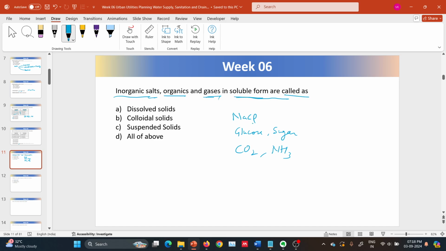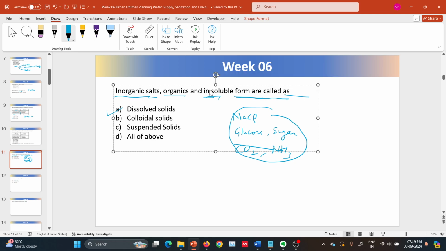If we exclude the gases, these are called dissolved solids.